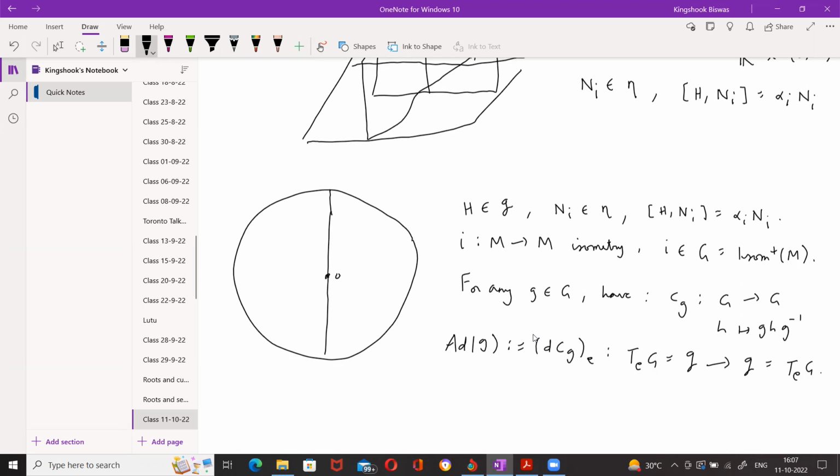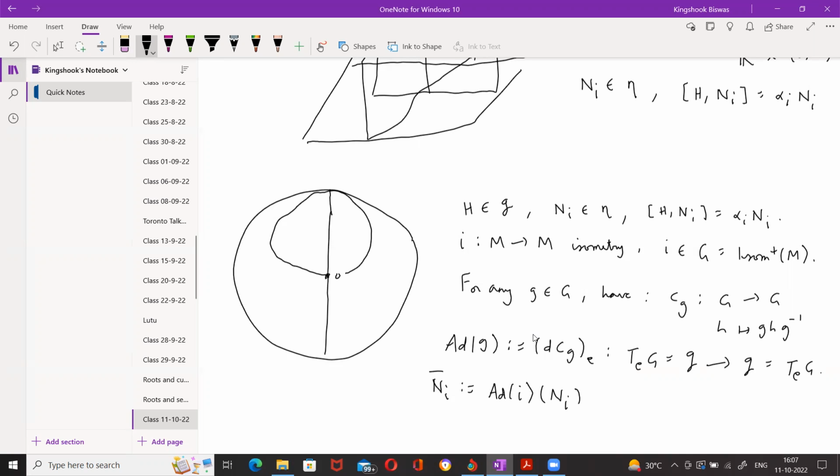N_i gives me a one parameter subgroup. The image of that one parameter subgroup acting on the origin will be a curve in the horosphere like this. Now what I can do is define N_i bar to be Ad I, the geodesic involution, acting on N_i.